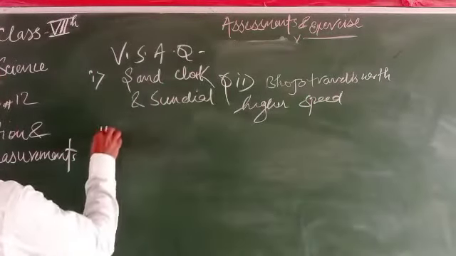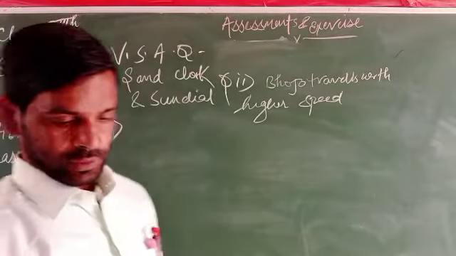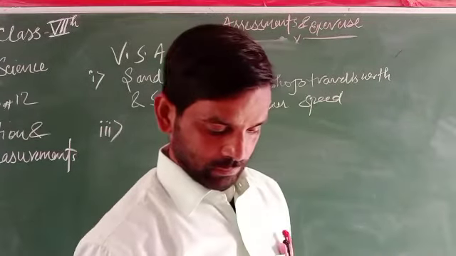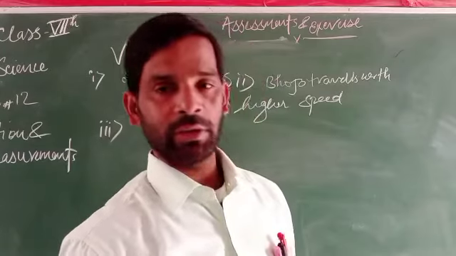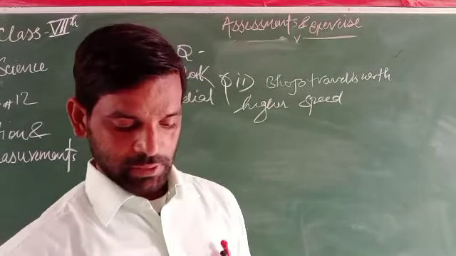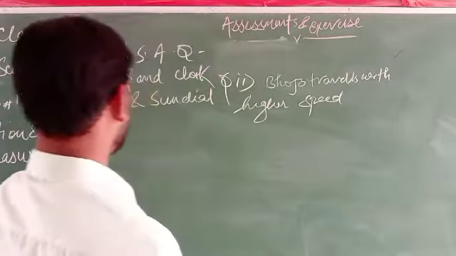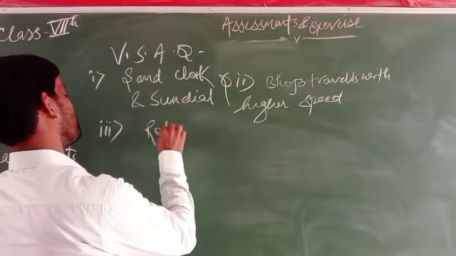Question number 3 is given as: give two examples of events that repeat after a fixed time interval.